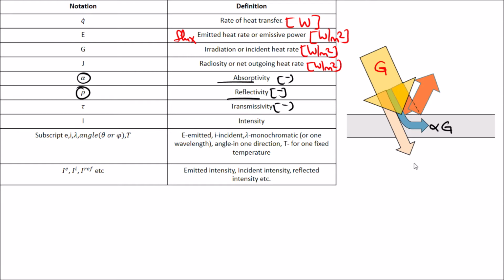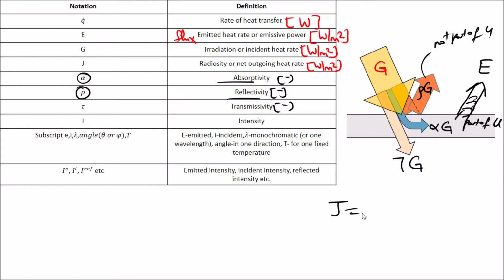Some part of it is transmitted, which is tau, and some part is reflected, which is rho into G. In addition to this, we also have the emission from the surface, which is shown as E. This emission comes from the internal energy, but the reflected part is not part of internal energy. It just strikes and reflects.